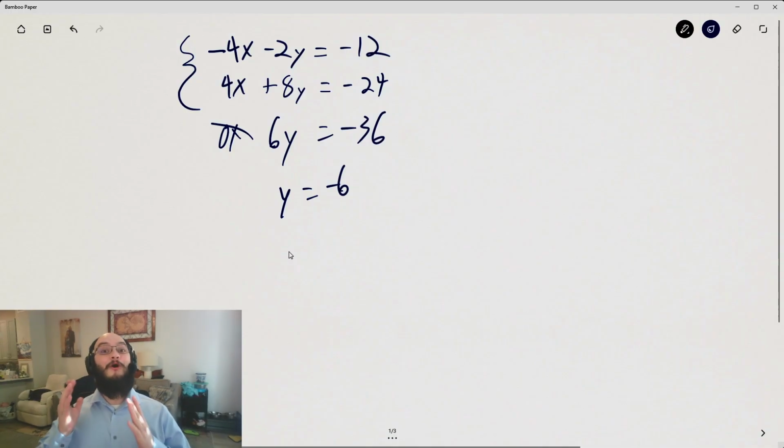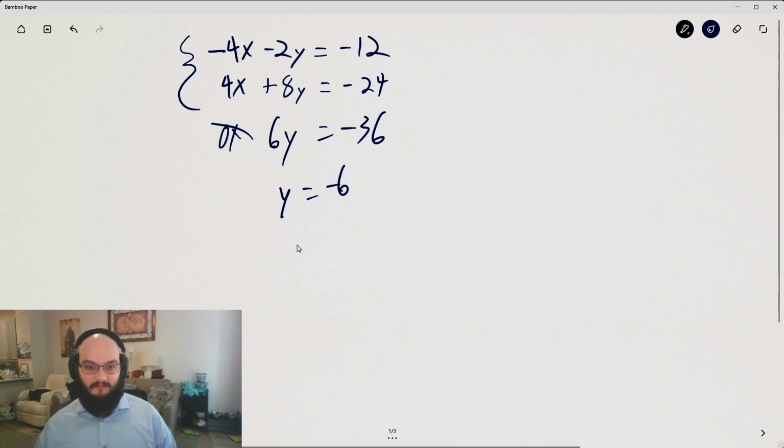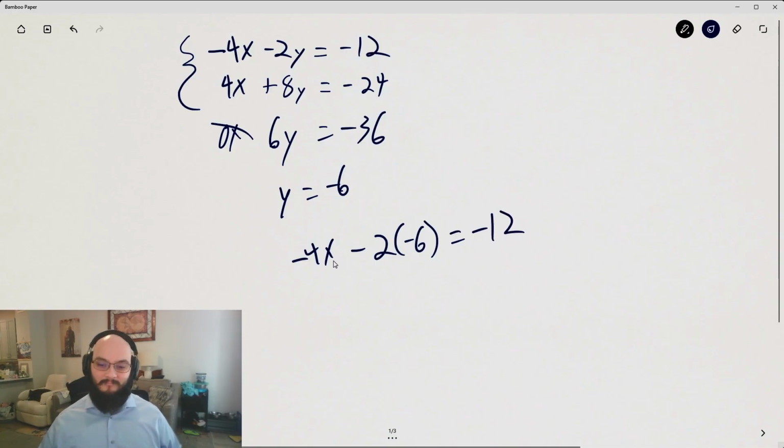We have found one of the two variables. Now, we need to substitute this -6 back into one of the equations to solve for x. To do that, let's use the top one. -4x minus 2 times -6 is equal to -12.